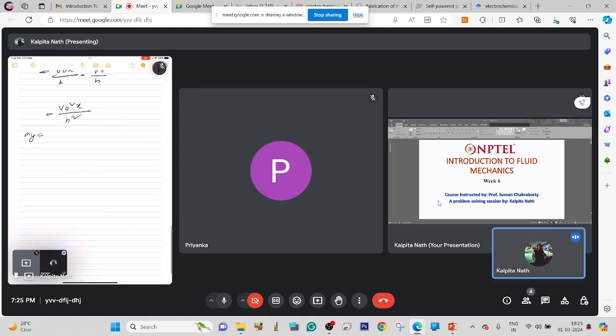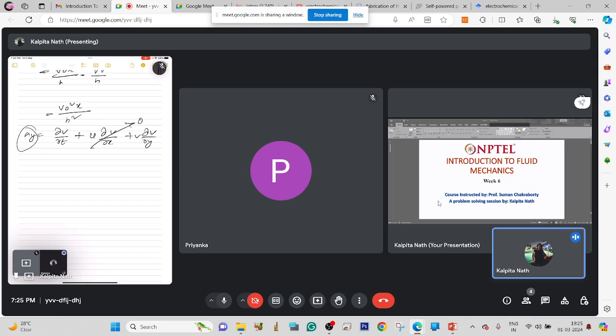Similarly, along the y direction it will be del v del t plus the convective terms. There will be acceleration along the y direction because of the velocity component in the y direction, v. So this is u del v del x plus v del v del y.